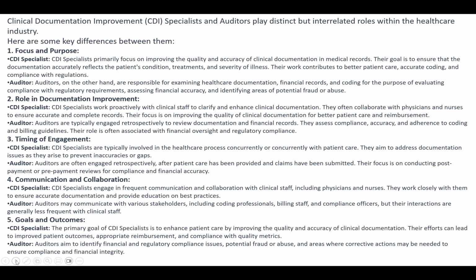One final starting point discussion is, people often ask, well, what's the difference between a CDI specialist and an auditor? And this goes back to that statement that often there's overlap, especially in the administrative end of healthcare: billing, reimbursement, documentation.